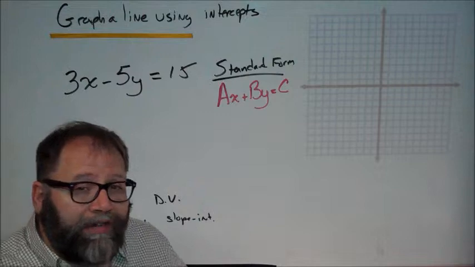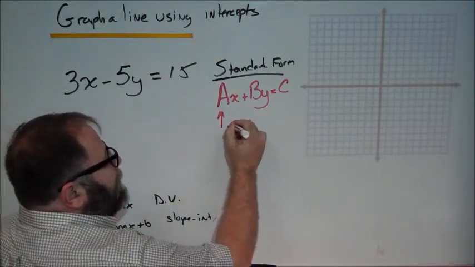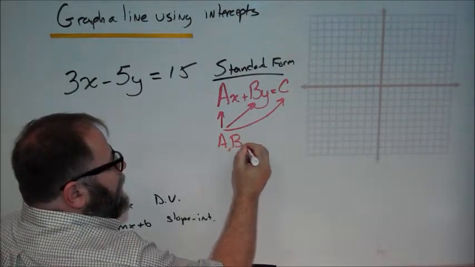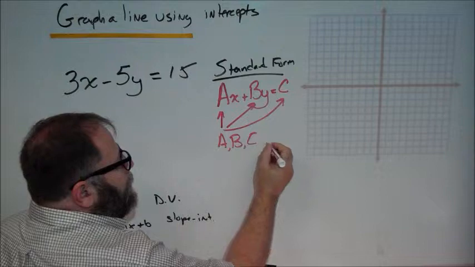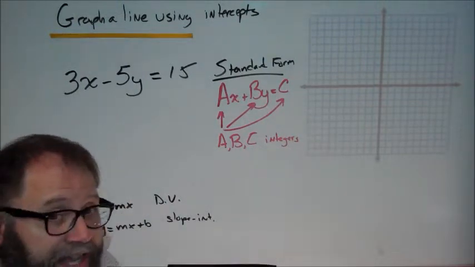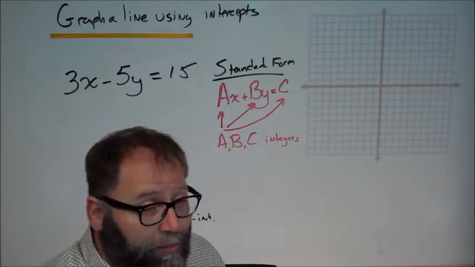Now the only caveat to this is when we're in this form, the A, the B, and the C have to be integers, which means they cannot be ratios, right? They cannot be rational numbers, which means they can't be fractions or decimals.